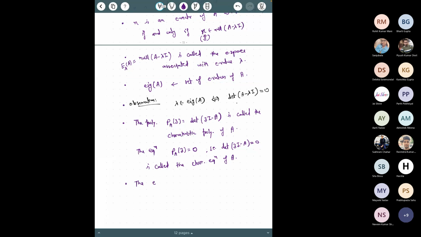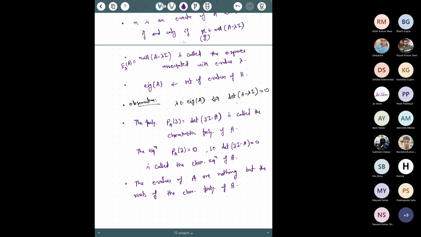So the eigenvalues of A are nothing but the roots of the characteristic polynomial. Fine.